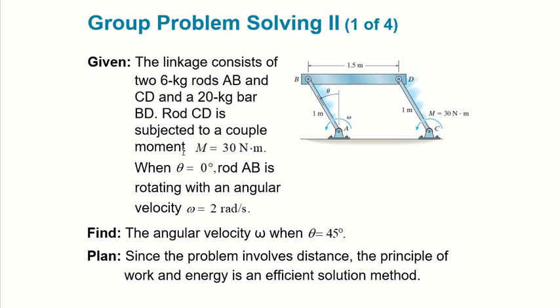Every time you have forces in a couple, we're going to use a big M. So that's a 30 Newton meter moment. We call it a couple moment for these two forces. And your theta is 0, and then your rod AB is rotating where the angular velocity is given to you, which is omega equals 2 radians per second.